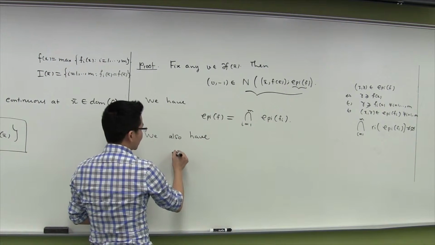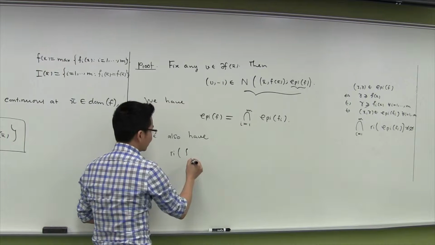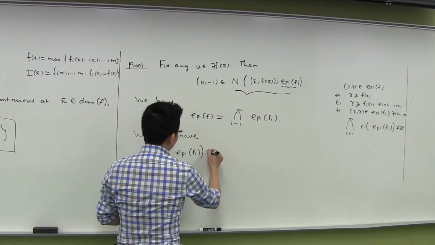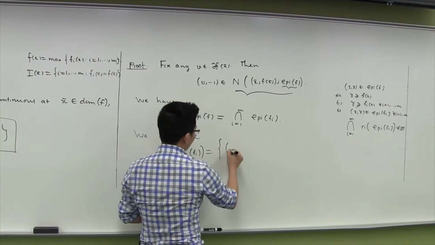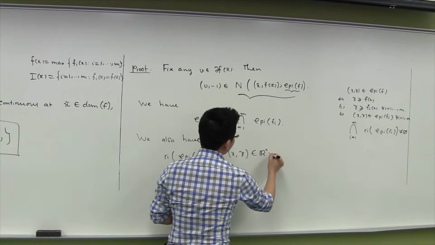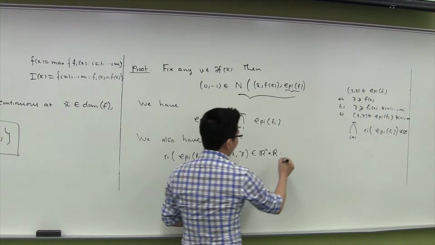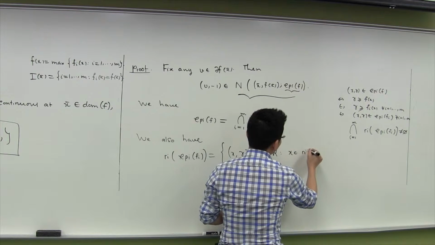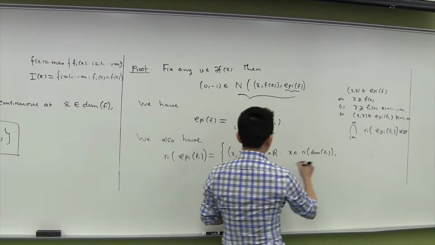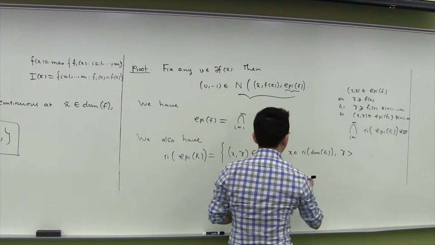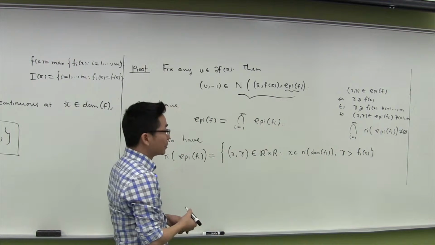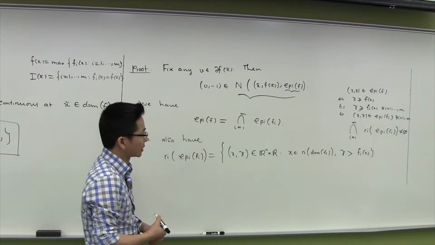Okay, so we also have the following. The relative interior of the epigraph of fi is equal to the set of all x, gamma in Rn times R, such that x is in the relative interior of the domain of the function fi, and gamma is strictly greater than fi of x. We used this repeatedly in previous lectures.